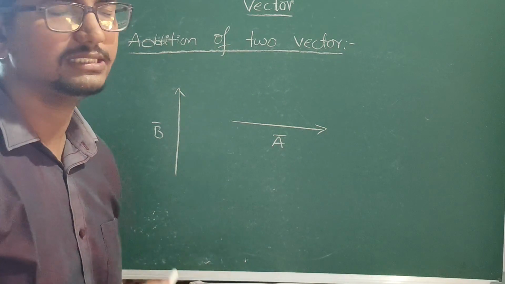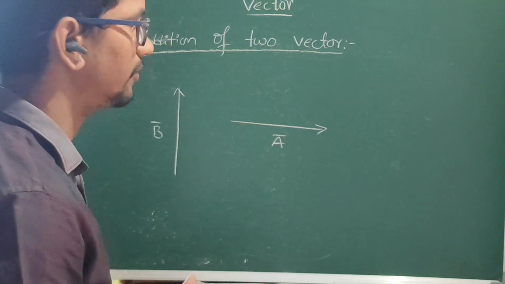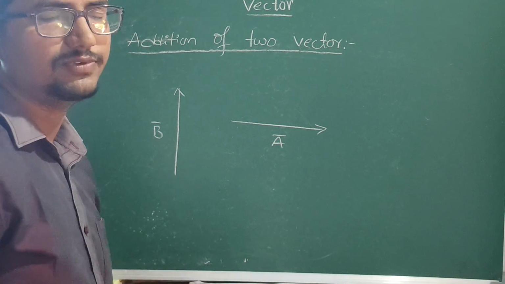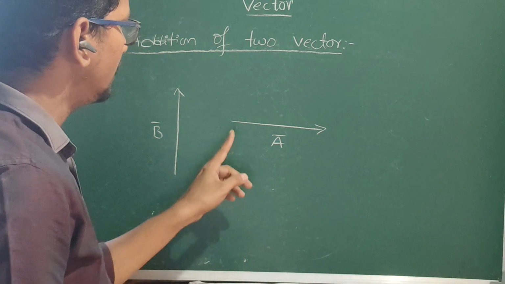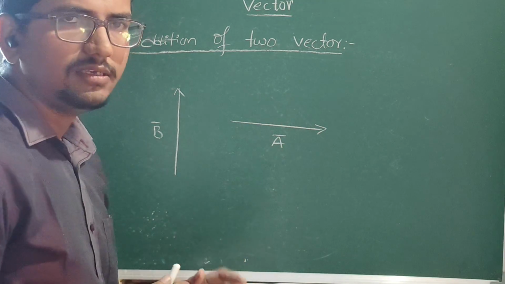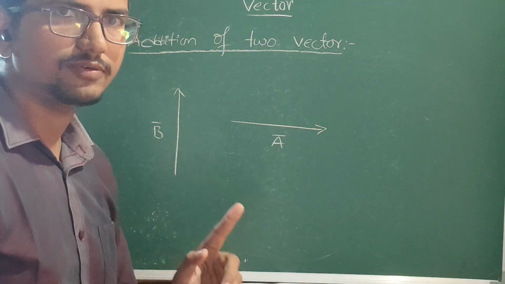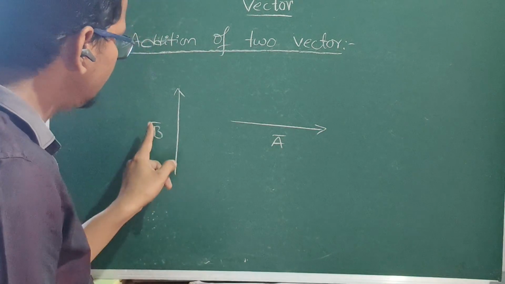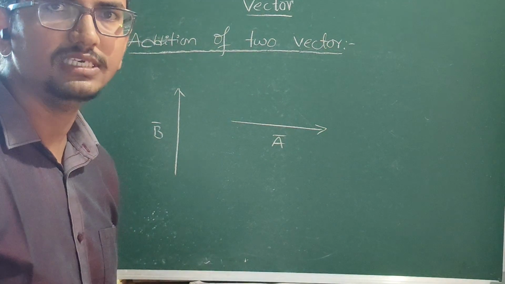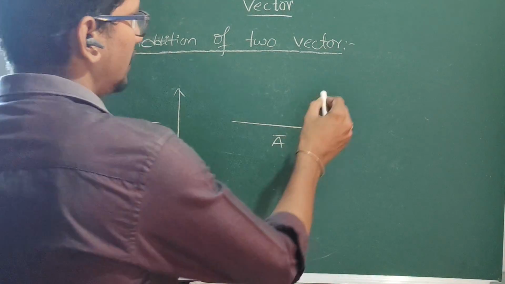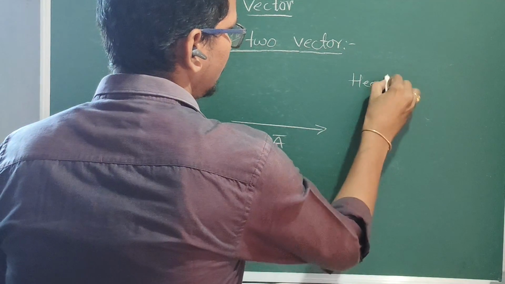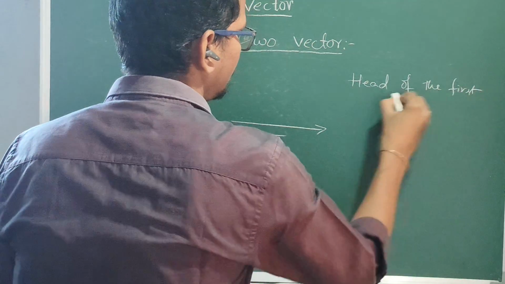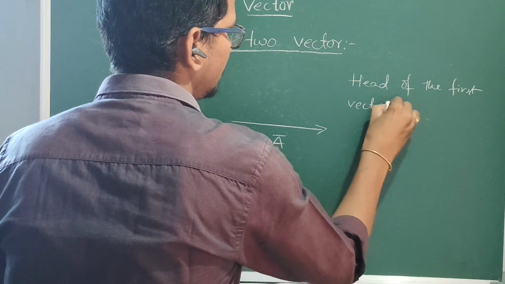How can we add? See, that's a very important point you can learn. The first vector is, for example, A bar. The head of the first vector is connected to the tail of the second vector.